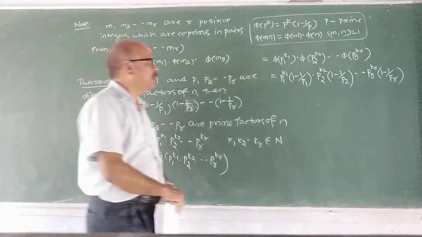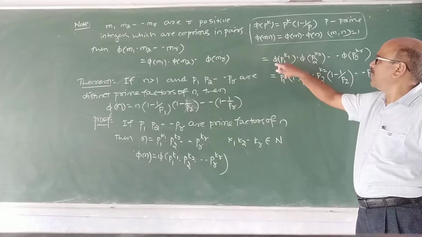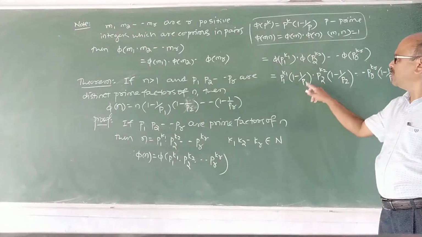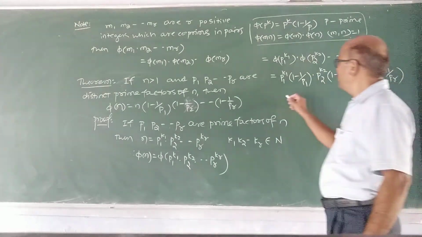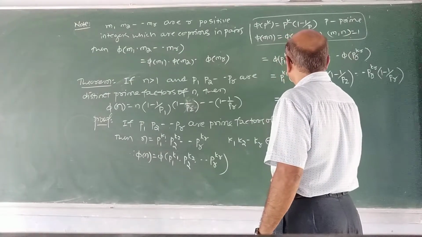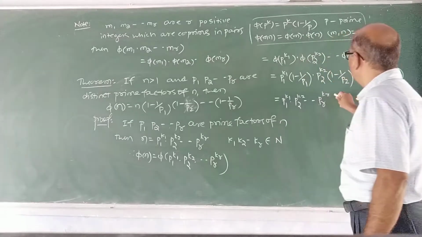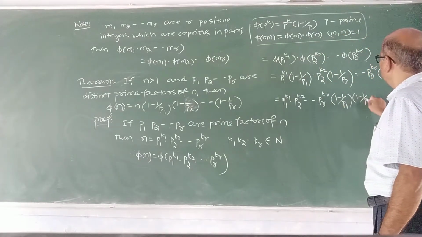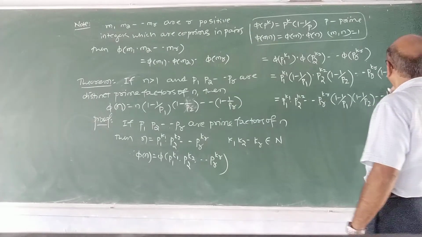So we can apply that result. Now, what is phi of P1 raised to K1? P1 raised to K1 into 1 minus 1 upon P1, P2 raised to K2 into 1 minus 1 upon P2, and so on. It is P1 raised to K1, P2 raised to K2, etc., PR raised to KR into 1 minus 1 upon P1, 1 minus 1 upon P2, so on, 1 minus 1 upon PR.